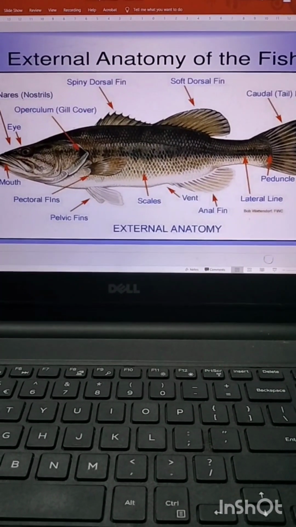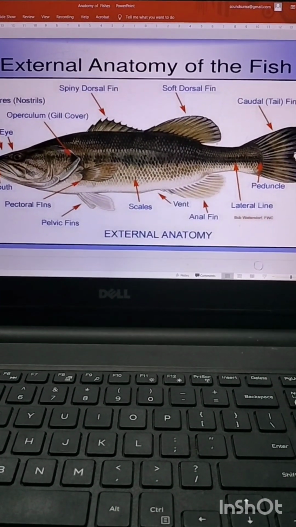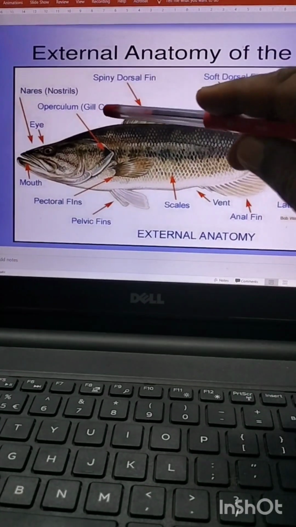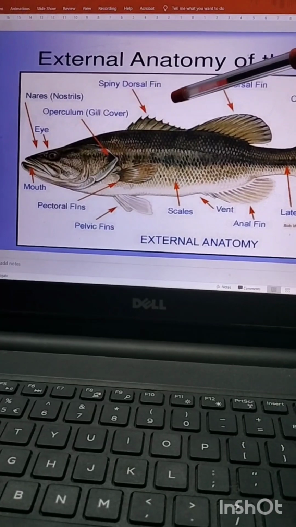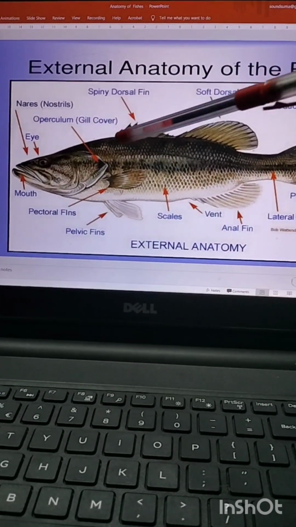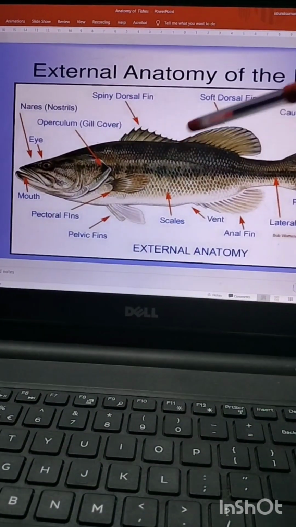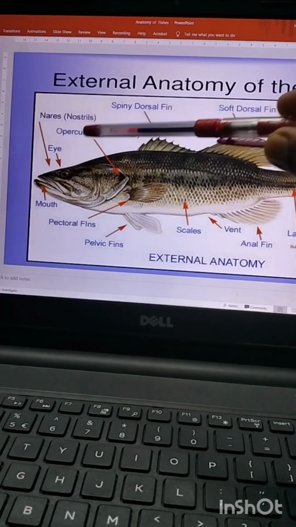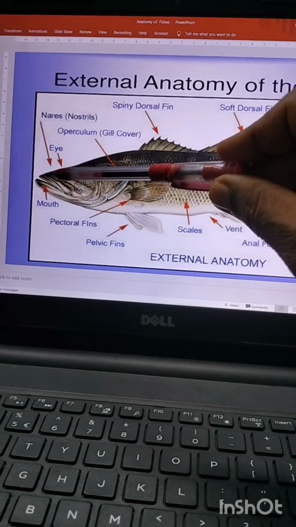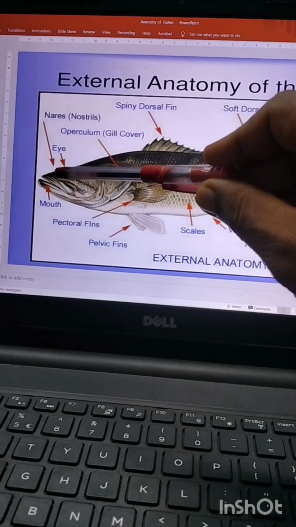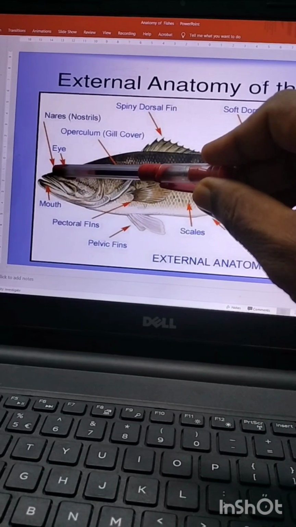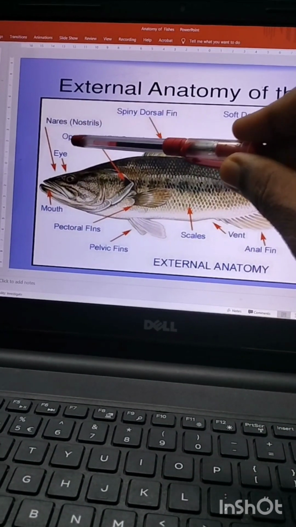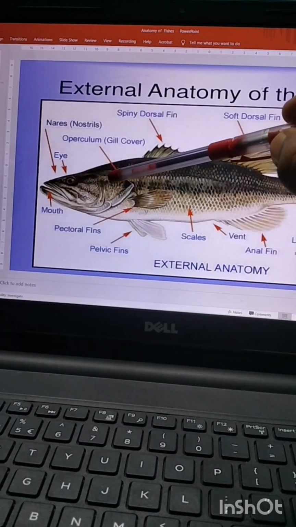In this video, you can see the external anatomy of the fish. In the front portion, this is called the head portion. Already I told you in another video, this is the head portion, this is the trunk portion, and this is the tail portion. In the head portion, you can see the nostrils in front of the eye, on the upper side of the mouth, through which air goes inside.